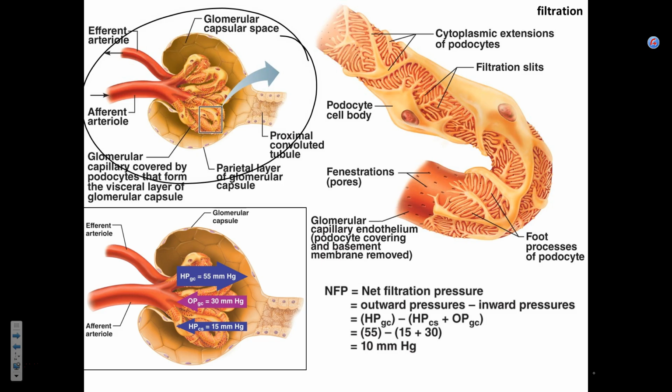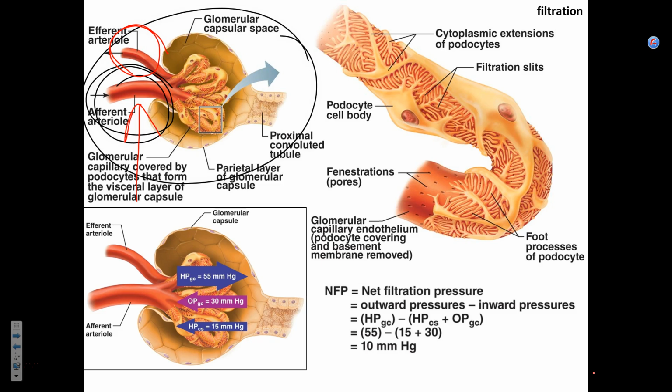First of all, blood flows into the glomerulus by the afferent arteriole. This one, I'm holding it. Blood leaves the glomerulus via the efferent arteriole. This one.